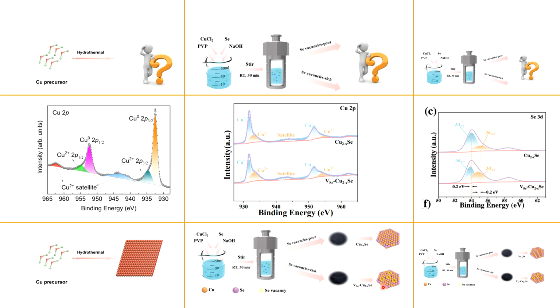As selenium is more electronegative than copper, if no vacancy is present in this sample, it means that more selenium atoms are present in this sample. And a single selenium is surrounded by other selenium atoms.